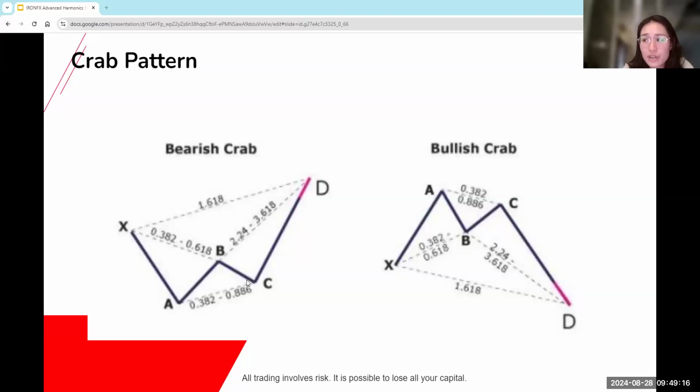So if you look at your BC extension here, if you're using the Nike tick method that we used earlier, you'll be looking at somewhere between 224 to 361. So this is the defining feature of your crab pattern.